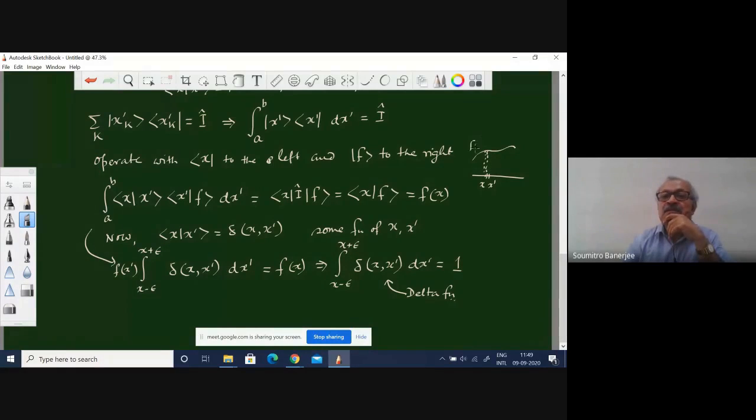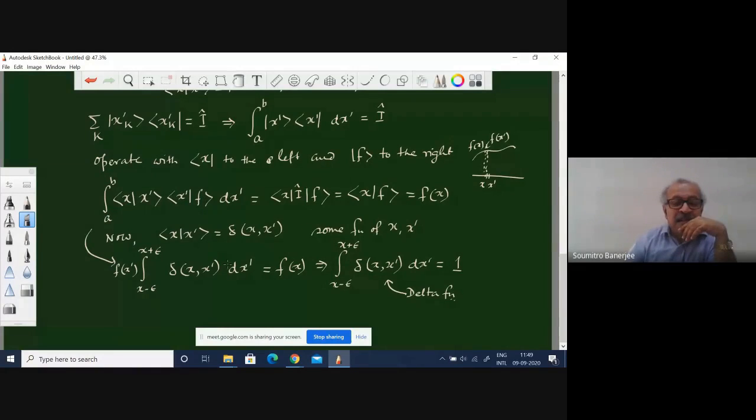Now, if these two positions are very close to each other, then f(x) and f(x dashed) should be very close to each other. So for all practical purposes, we can say that f(x dashed) is actually f(x), and thus what we said is that this is f evaluated at x prime.